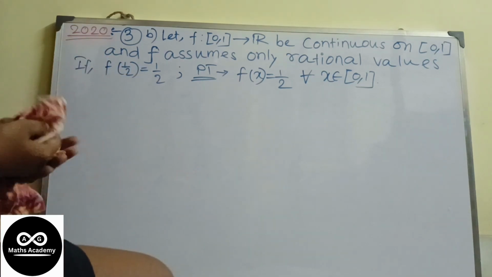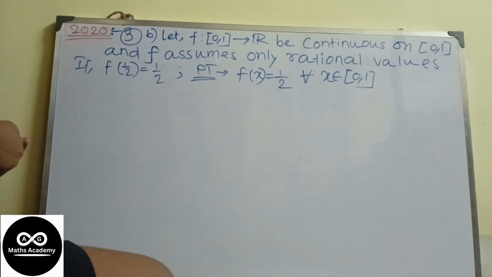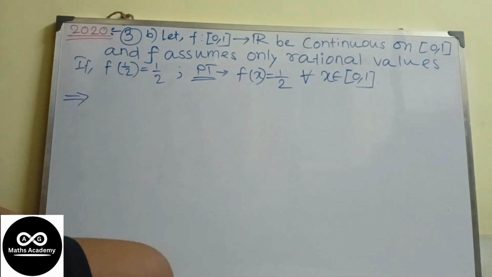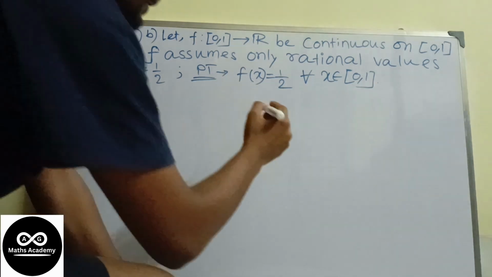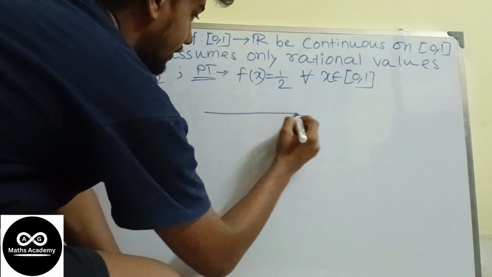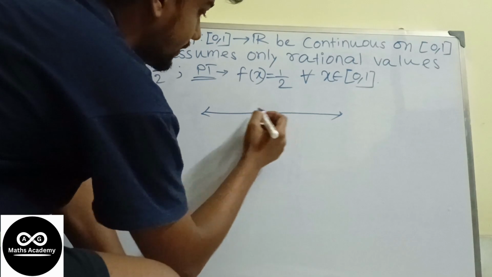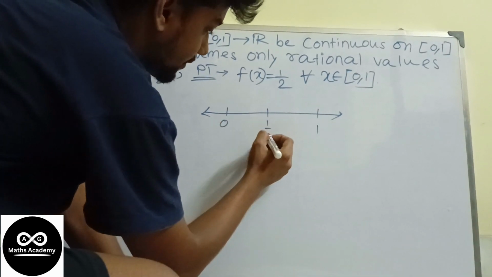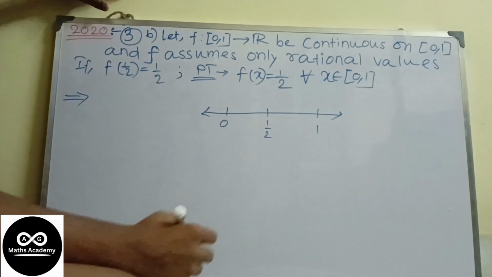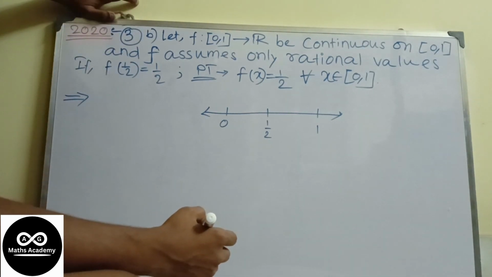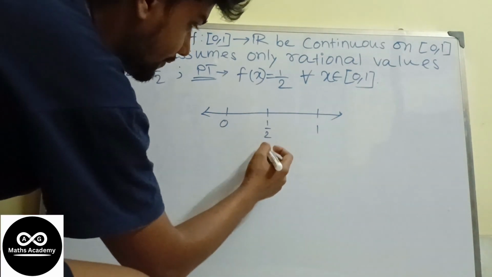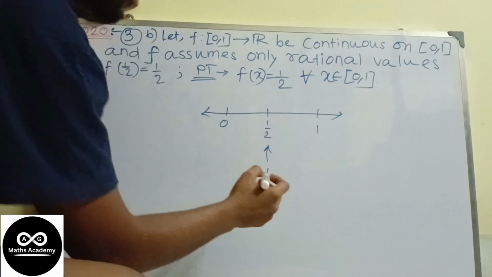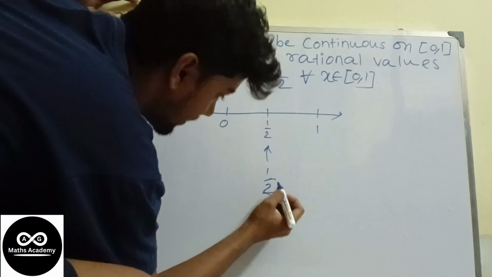So now let's talk about the approach. So how are we going to approach? Okay, let's say this is 0, this is 1, and this is half. f of half is half, so it is 1 by 2 here.